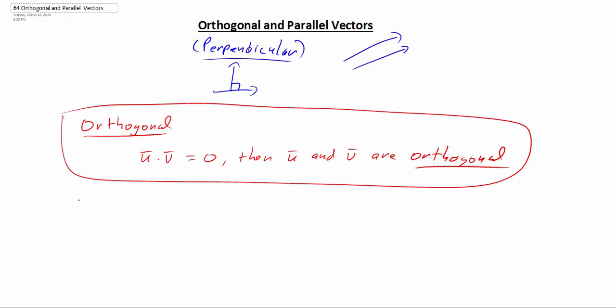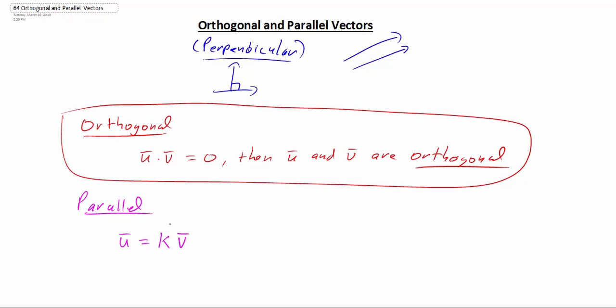And if we want to look at whether the vectors are going to be parallel, then that means that one vector is going to be a scalar multiple of the other. So that means if we're able to take one vector and write it as a scalar multiple of the other vector, so here k is representing a scalar being multiplied by the vector.